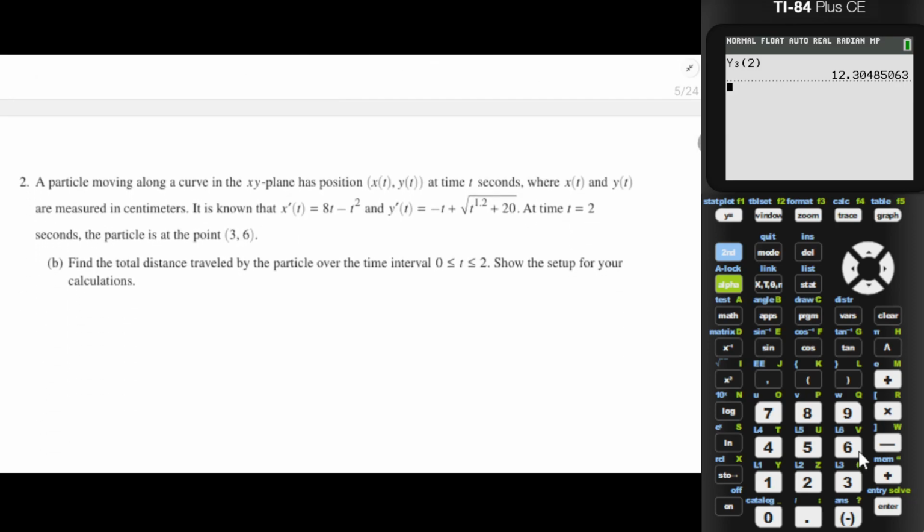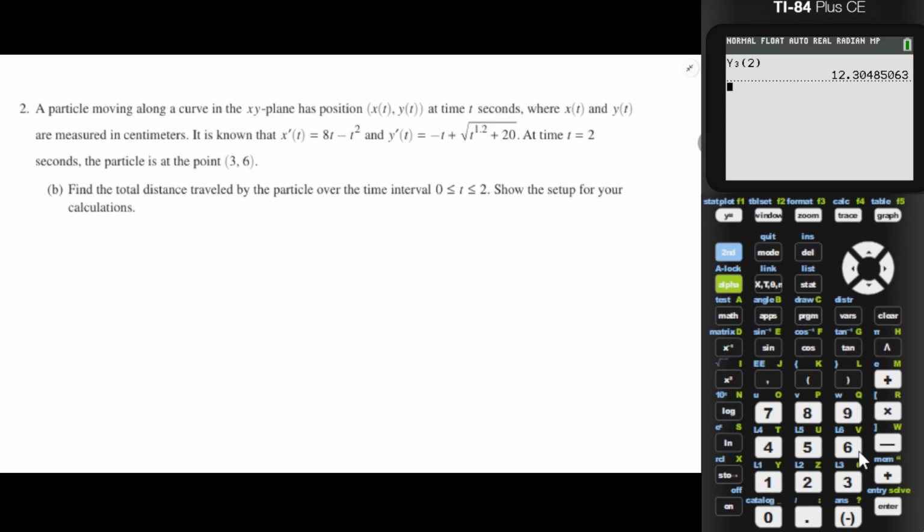Okay, part B, find the total distance traveled by the particle over the time interval 0 to 2. Show the setup for my calculations. So we're just going to integrate y3, but we are not going to write y3 right there because they don't know what we mean. What we're going to say is the integral of the square root of x prime of t squared plus y prime of t squared with respect to t, and then we're going to use the calculator to compute this.